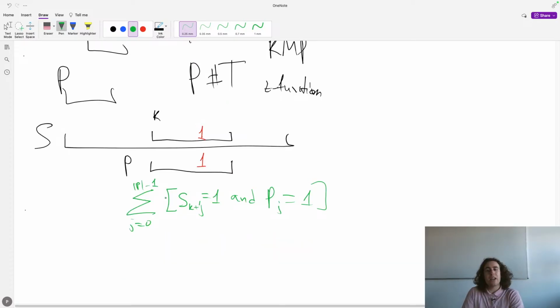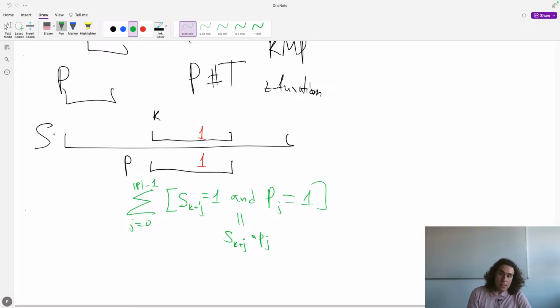So we want to count how many positions satisfy this constraint. But if these values are zeros and ones, then this is the same as just multiplying these two characters, right? If any of them is 0, the result is going to be 0, so we're not going to add anything to the answer. But if both of them are 1, we're going to add 1 to the answer.